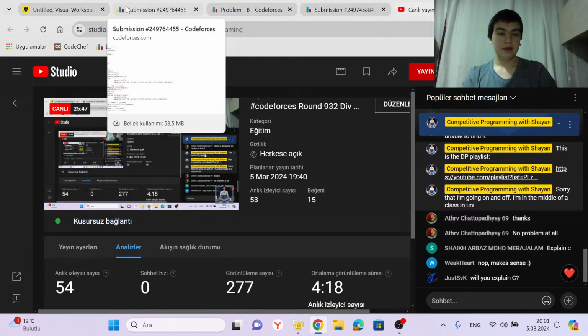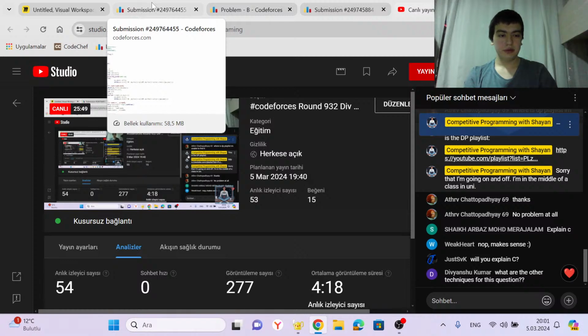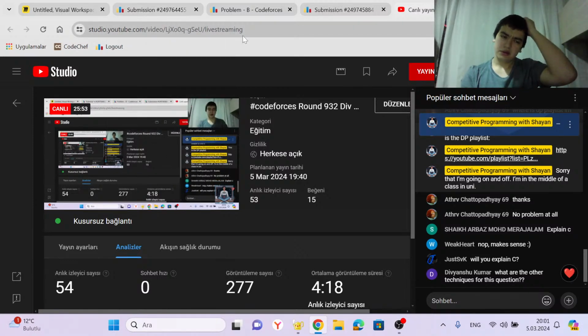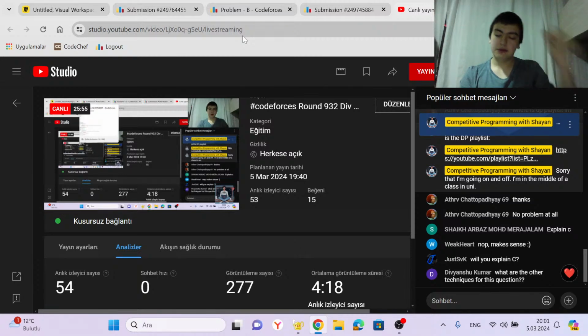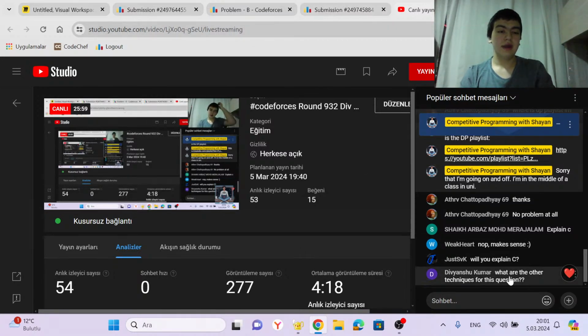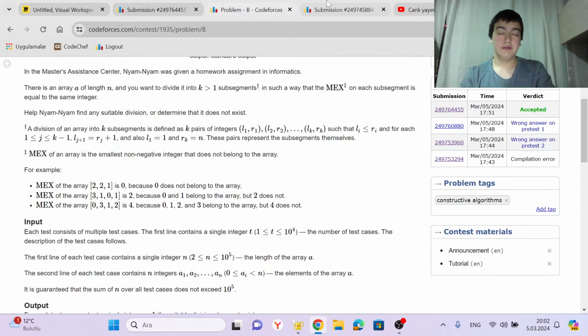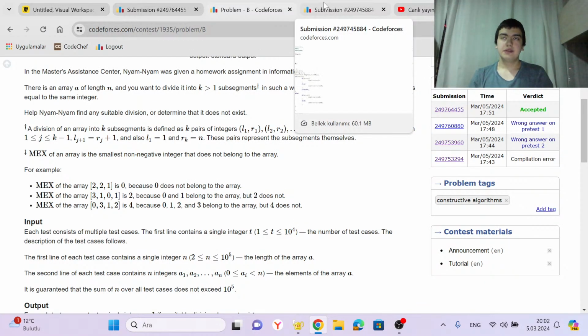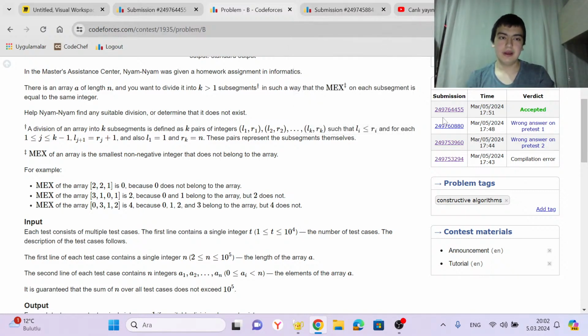Okay, there are many techniques for finding the max. I don't know if there are any other techniques to solve this question, but there are many ways to find the max of an array.